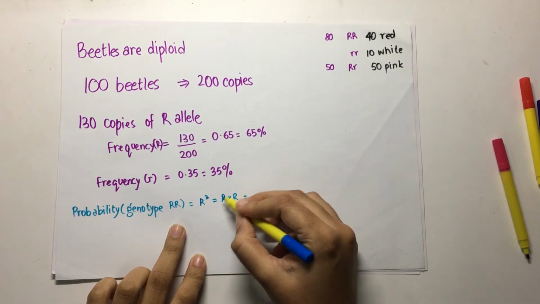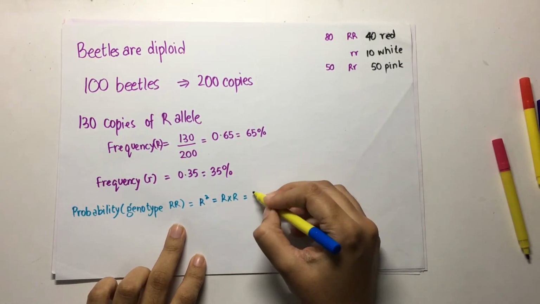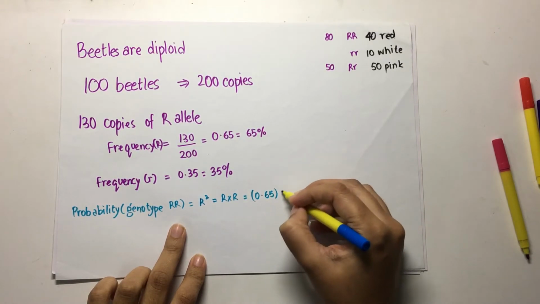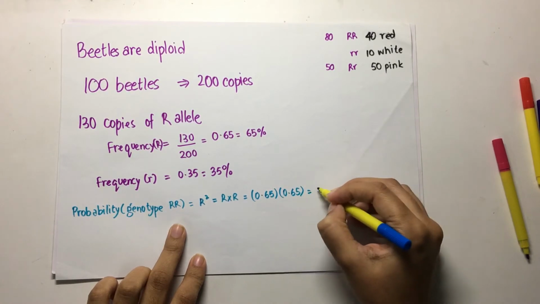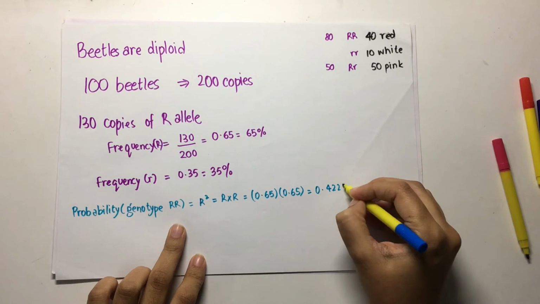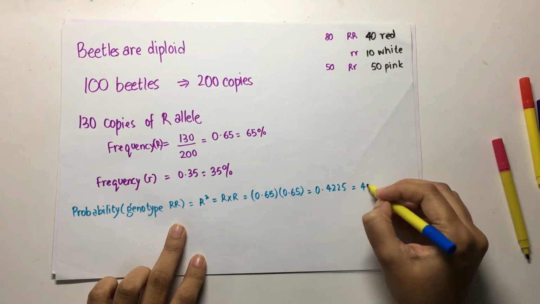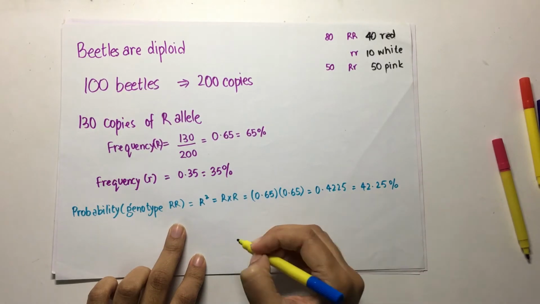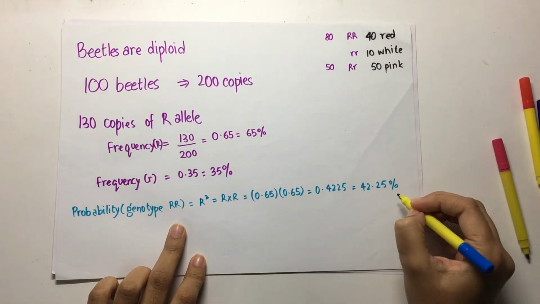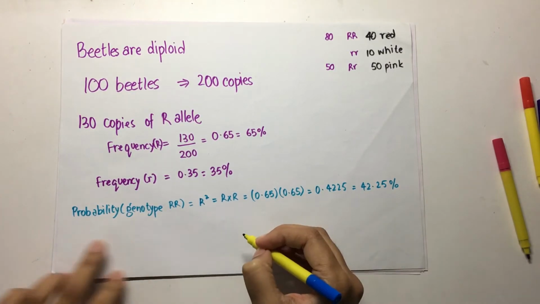We know that the frequency for the big R allele is 65%, or 0.65, and again times 0.65, so we get 0.4225, or 42.25%. So 42.25% of next generation beetles will have the big R big R genotype.